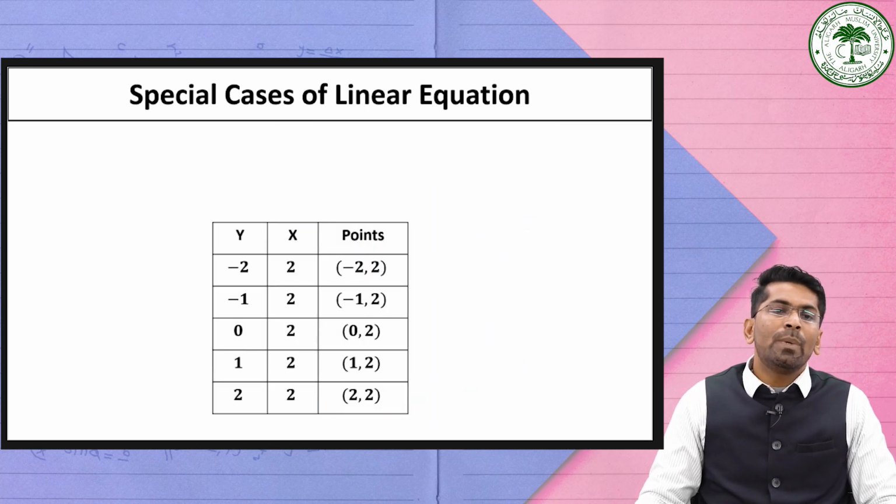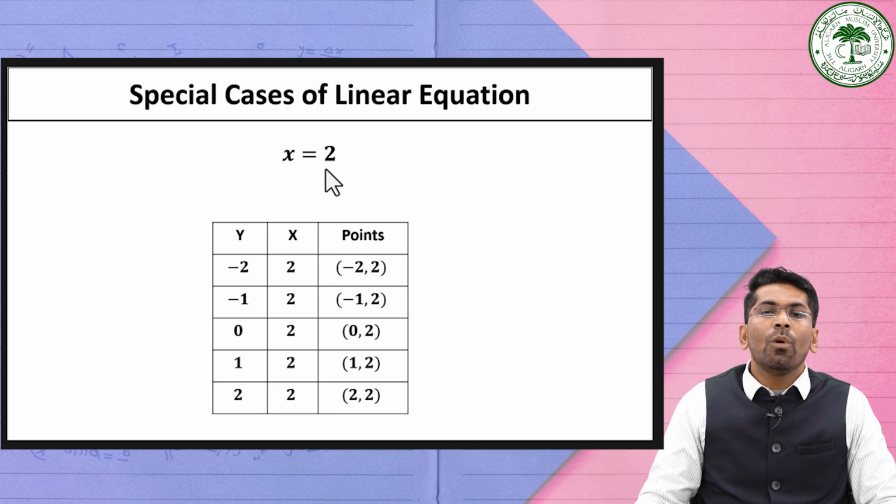Okay, now another special case. When x is equal to 2, this is in the format of a constant function, f of x is equal to c, which we can write as x plus 0y is equal to 2. If we assume 0 for y, again the x is equal to 2.